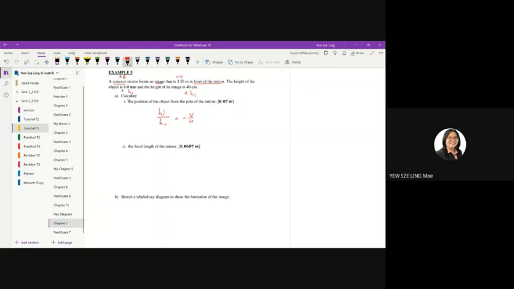I'm going to change everything into meters to standardize. So HI is 0.4 over HO, 8 times 10 to the power of negative 3, equals negative 3.5 over U. Rearranging the equation, U should equal 0.07 meter.